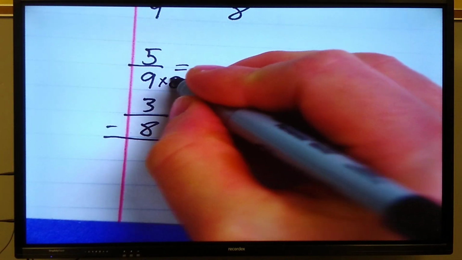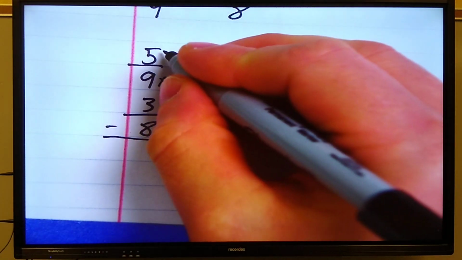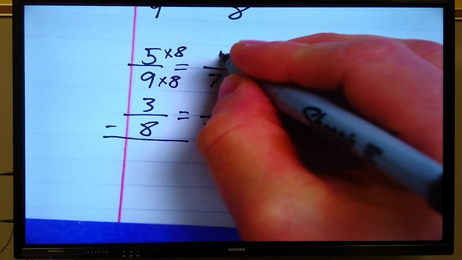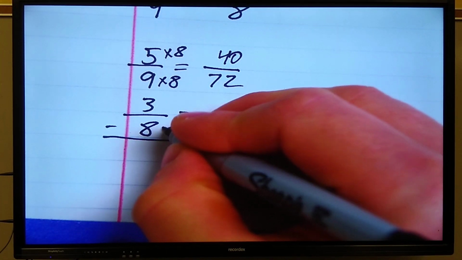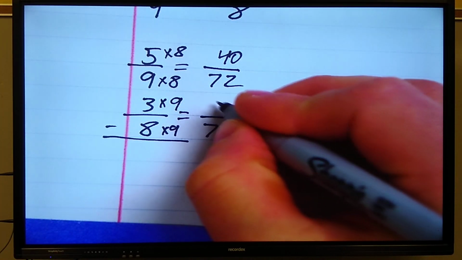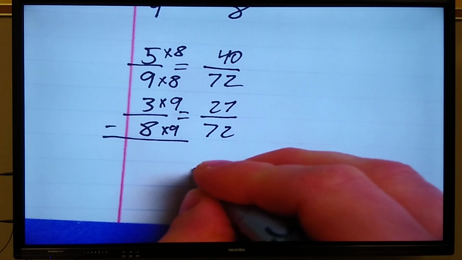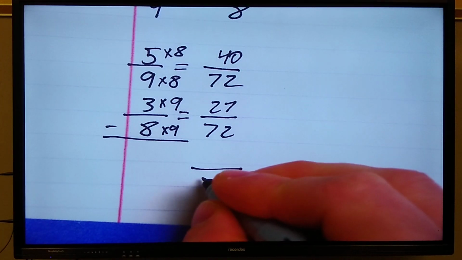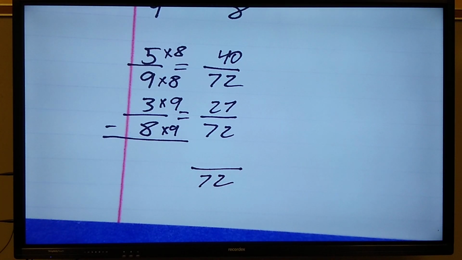9 times 8 equals 72. 5 times 8 equals 40. 8 times 9 equals 72. 3 times 9 equals 27. Your denominator should have come out to be 72. Why? Because it stays the same.